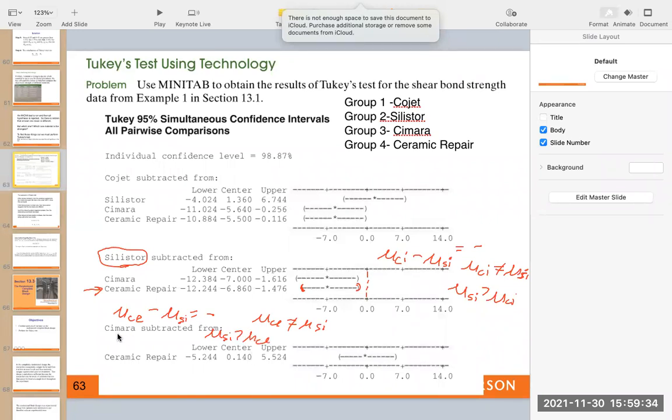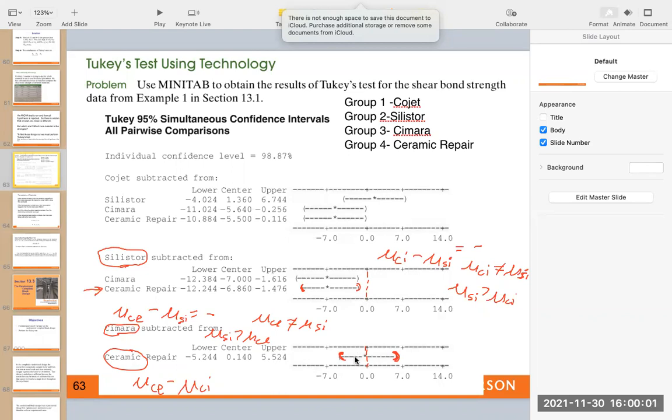The last one, we compare Simara to the ceramic. They subtracted Simara from ceramic, so it's mu of CE minus mu of Simara, and they noticed that 0 does lie between those two parentheses, so it is in the interval.